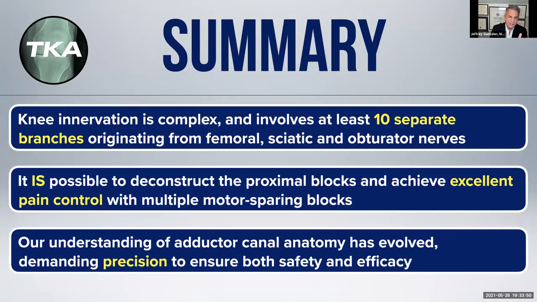So in summary, this is a really interesting topic, and the knee innervation is not terribly simple. It's complicated. It has at least 10 separate different nerves from branches coming from 3 different nerves. And so while it gives us a headache sometimes thinking about different ways to block these, if you consider where these are located and have a good approach, I think you can get some really excellent pain control.